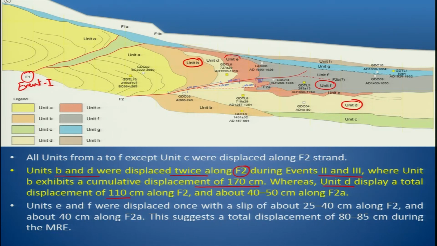Unit E was displaced about 40 centimeter along F2A, very similar to this, and then 25 to 40 centimeter along F2. Since there is no displacement taken up by the capping unit E, we say that this was the youngest event, or the most recent event, MRE.